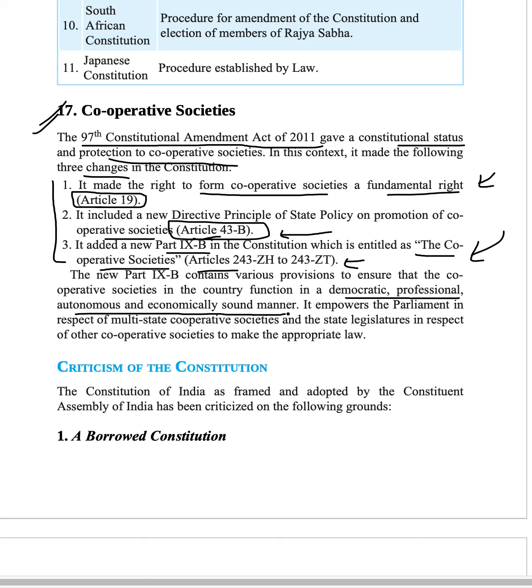So these are the dictates: they should be democratic, they should be professional, that is managed by a competent board, and autonomous, that is the state and the central government should not be able to interfere in their working, and run in an economically sound manner. It empowers the Parliament in respect of multi-state cooperative societies and the state legislatures in respect of other cooperative societies to make the appropriate law. So naturally the Parliament has made laws for the multi-state cooperative societies, whereas the different states have made different laws for the cooperative societies running in their own states.